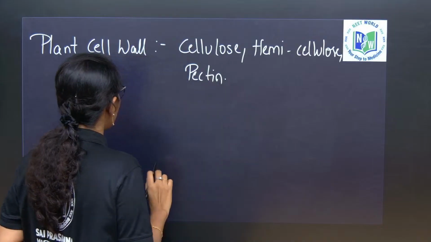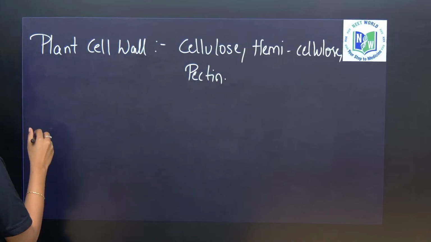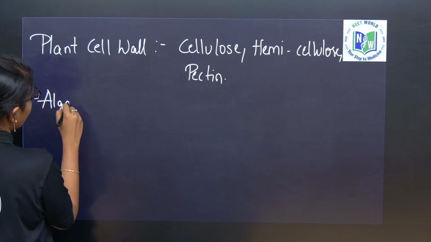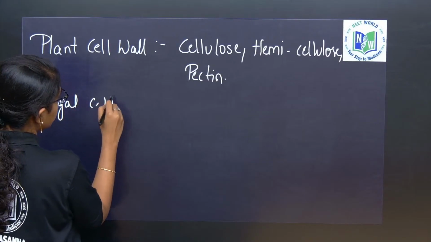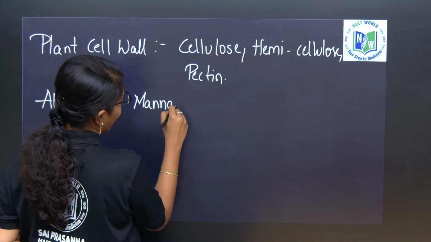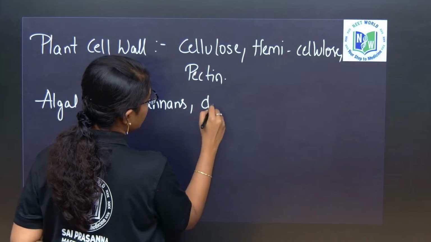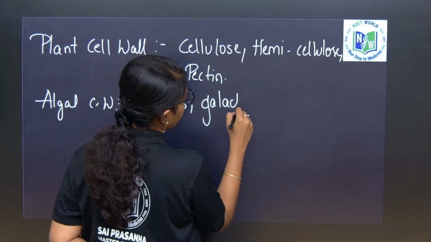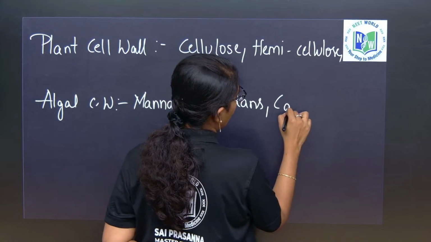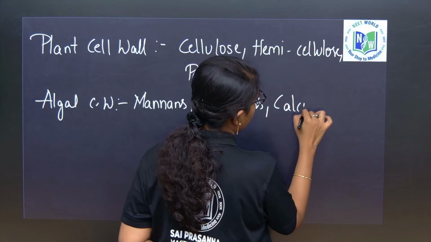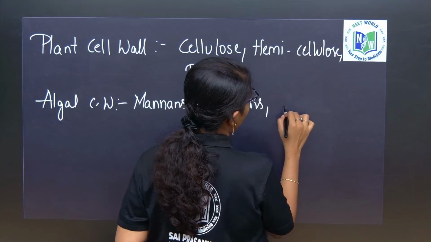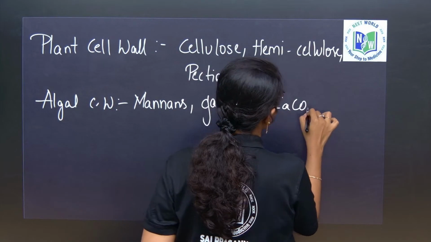This is the composition of plant cell wall. Algal cell wall has mannans, galactans, calcium pectate and calcium carbonate.